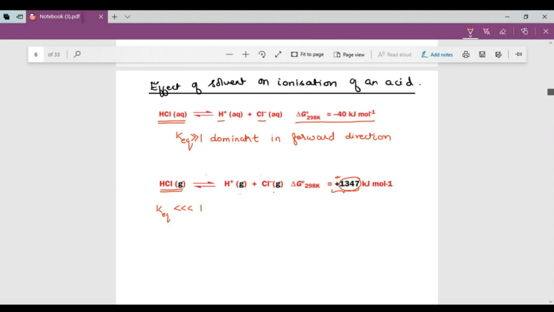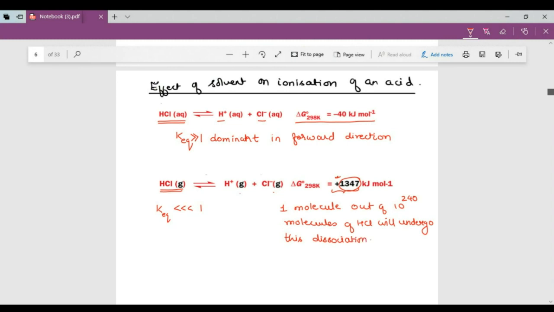If I solve this and find K equilibrium for the reaction, I will get somewhat like one molecule out of 10 raised to power 240 molecules of HCl that will undergo dissociation.